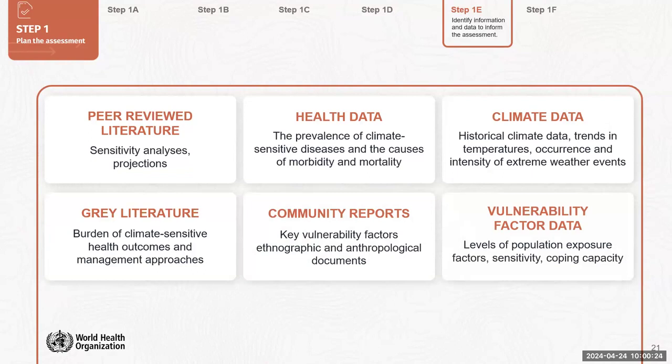So these are reports that have never been published, or were published by an NGO, by the government, in academic theses, etc. Then we need community reports. So these are reports that may have been done for specific reasons, looking at cultures in the community, anthropological issues related to the community, if they exist.